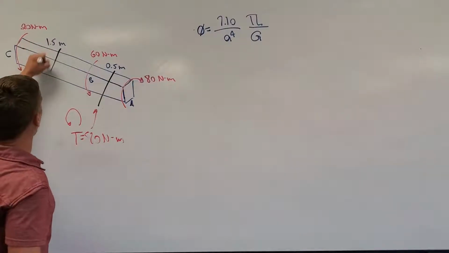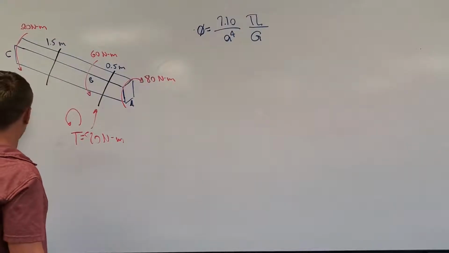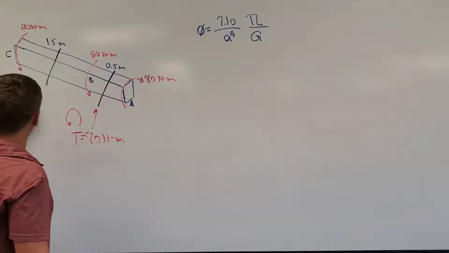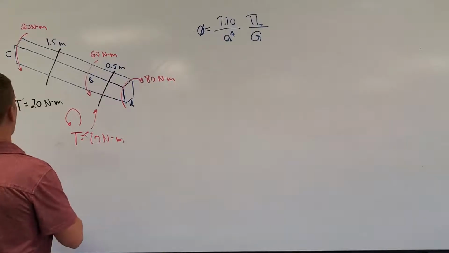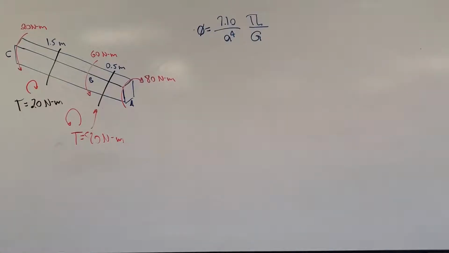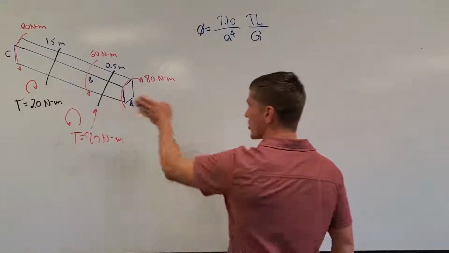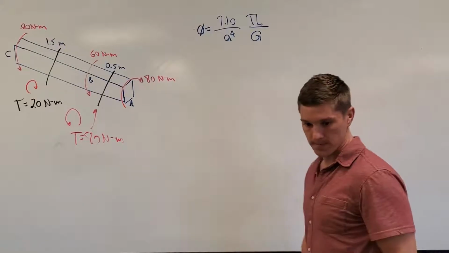I can make another cut over here between C and B, and in this case, I have a torque that is going to be counterclockwise at C, so I must have a torque equal to 20 Newton meters, and it is going to be in the clockwise direction in order to have equilibrium, as long as I'm looking down the shaft from A towards C. That is going to be my internal torque.